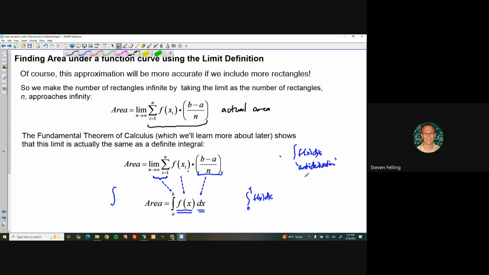Or we call this symbol with numbers here the definite integral. Okay, and we'll see how it connects to that later. But for now, just trust us that we use the same symbol, we put numbers here. If we have numbers here, it's supposed to represent the area between this function curve and the x-axis.